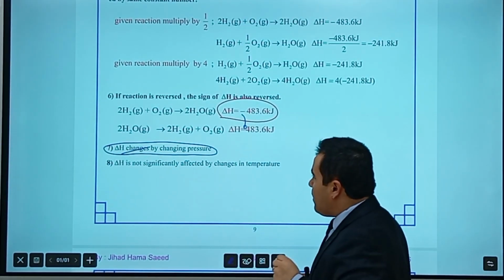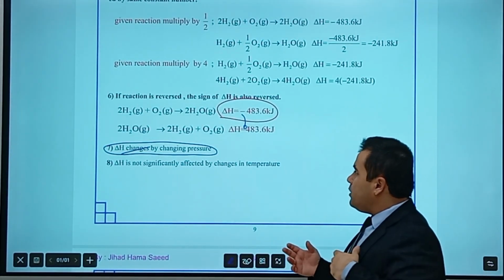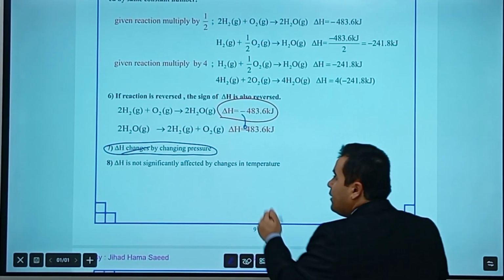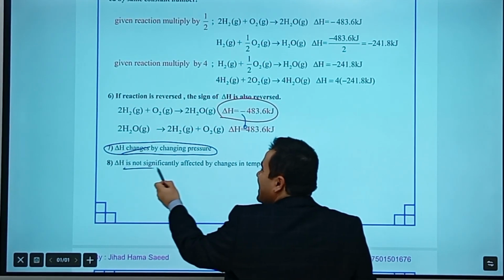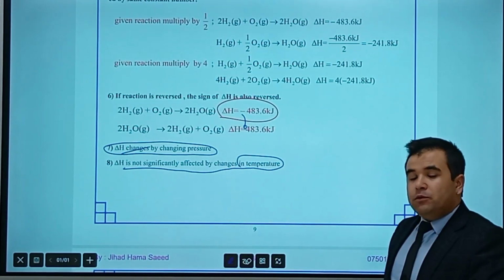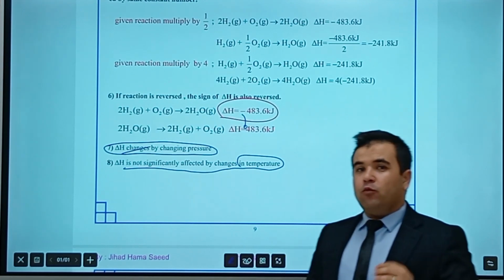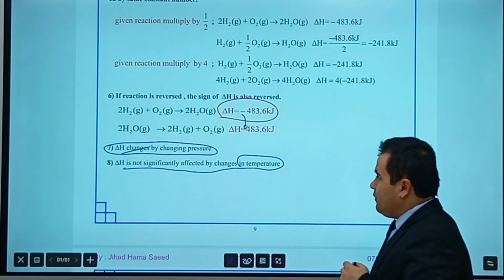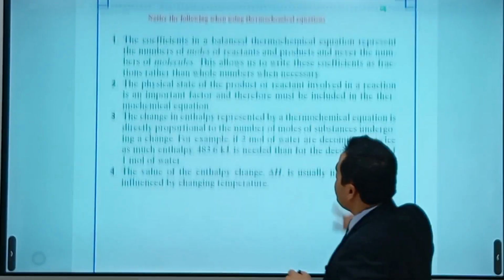But guys, keep in mind, you may be confused about the temperature and pressure. The enthalpy changes by pressure, but is not significantly affected by changing temperature. So temperature cannot be taken into consideration as one of the factors that affects the enthalpy of the reactions, guys.